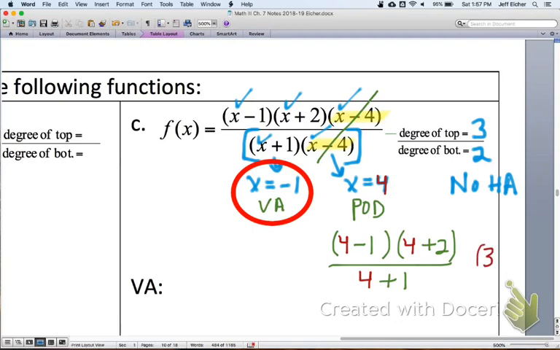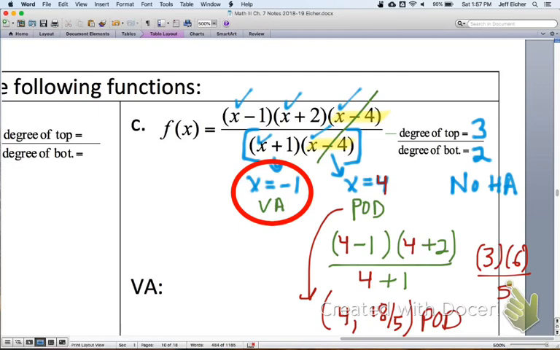So that would be 3 times 6 over 5. So our point of discontinuity coordinates would be (4, 18/5). You often get a fraction when you plug in the value to find the y-coordinate of the point of discontinuity. So our point of discontinuity would be this, (4, 18/5).